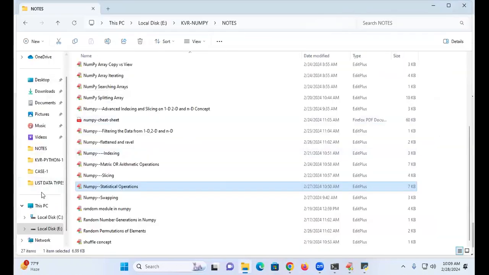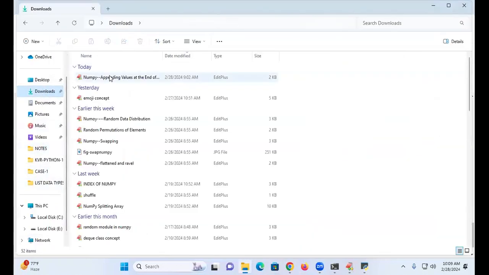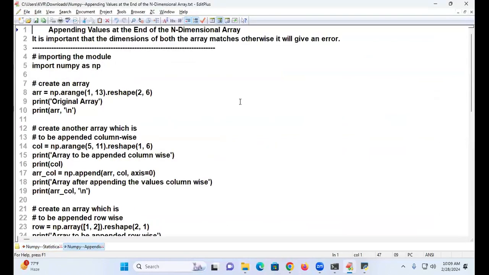Now there is one small description I want to give you. Some small thing I just prepared. Just try to follow. Another way, I'm just showing it. Appending values at the end of an N-dimensional array. That may be 2 or whatever it is. So importing that, np dot arange of 1, 13, reshape of 2, 6.